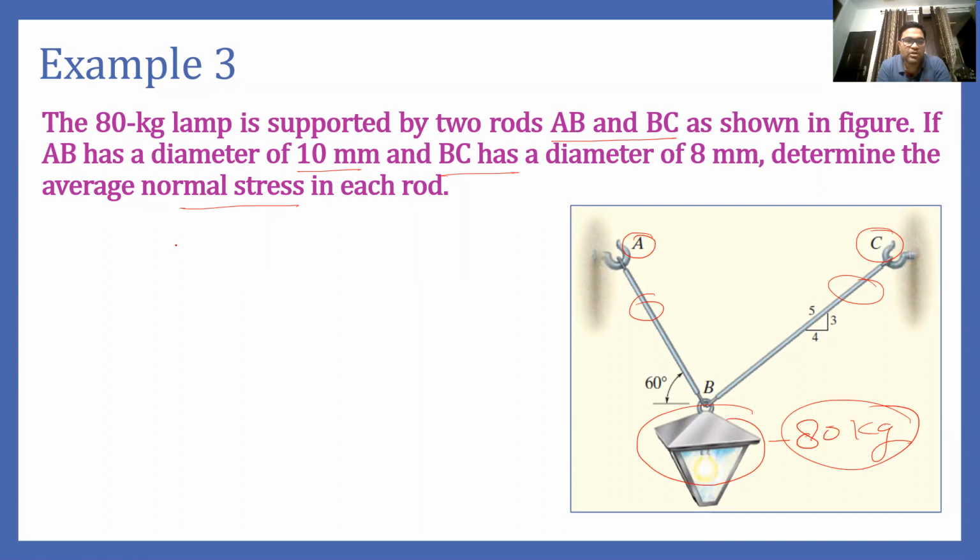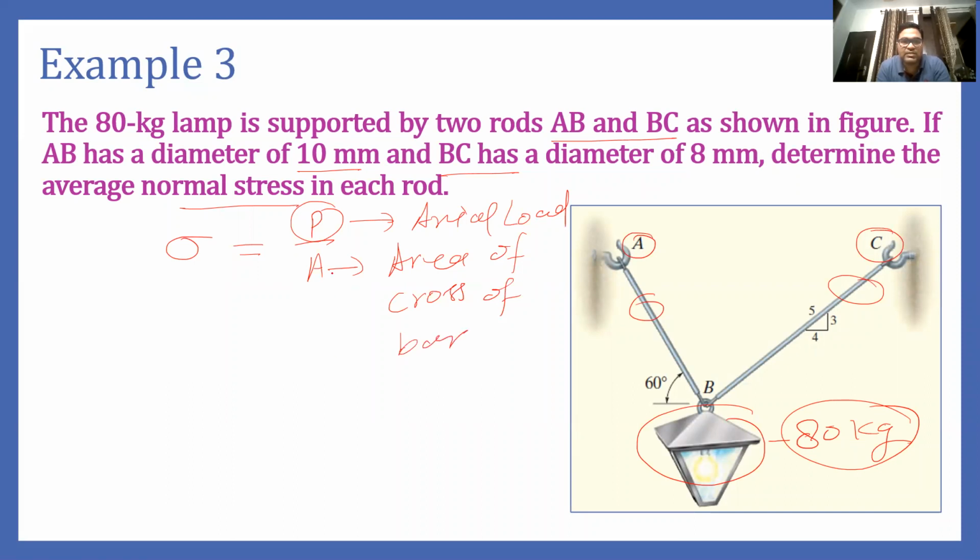We represent average normal stress by sigma, and we know the formula for this. The formula is P by A. Here P is the load or axial load the bar is experiencing. Similarly, A is the area of cross section of the bar.